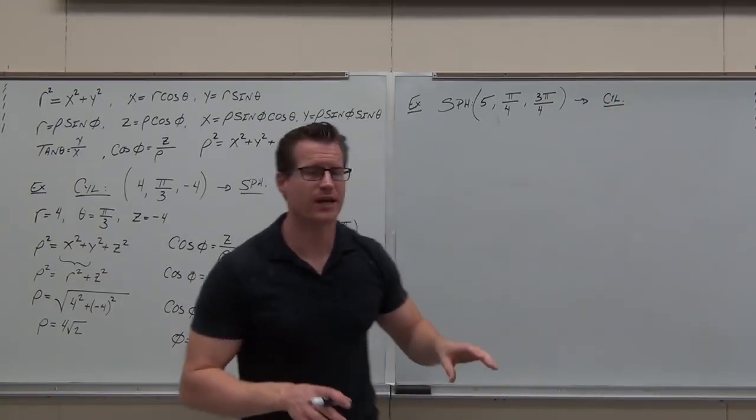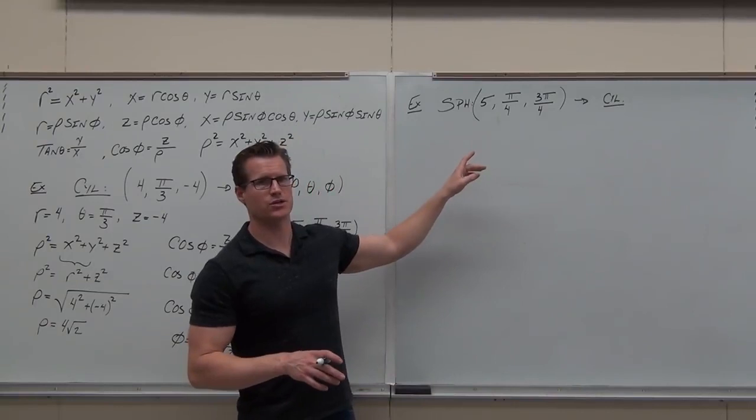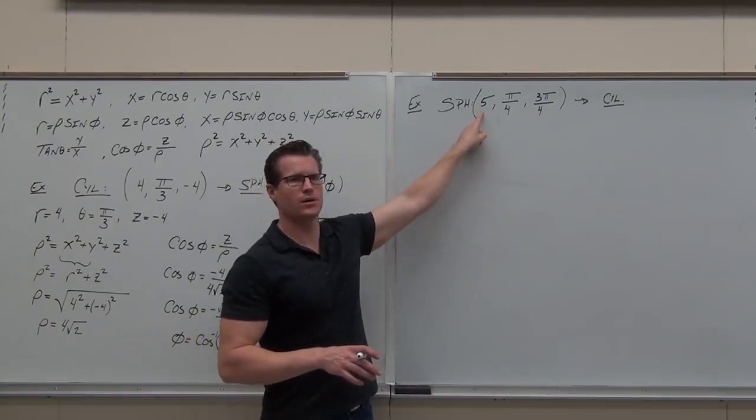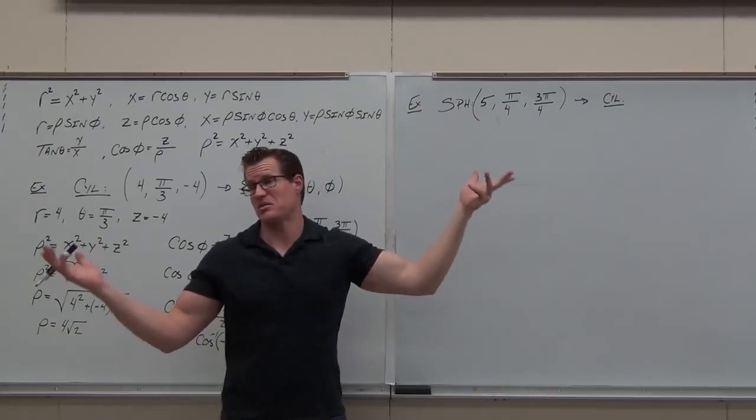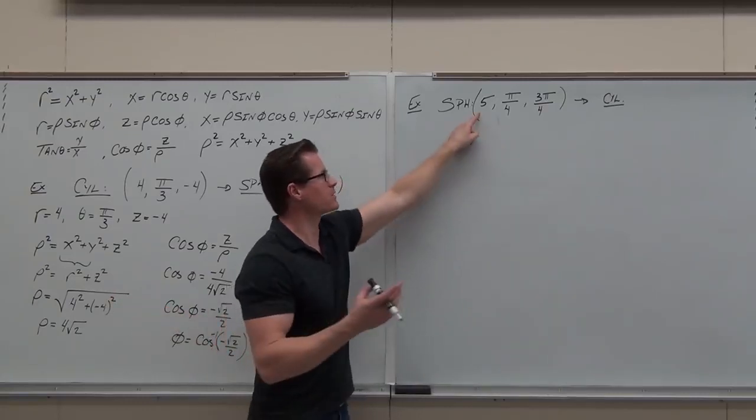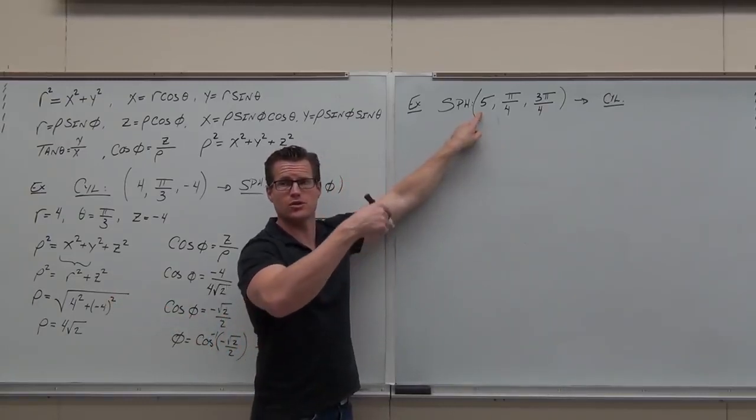So right now, if I give you spherical, what does that number mean? What is the 5? Rho, R, X? It's a rho, because spherical starts with rho.